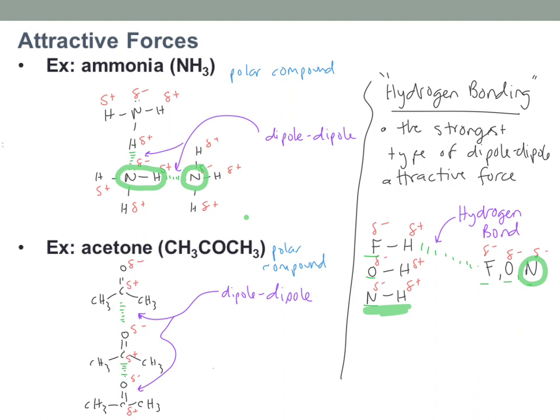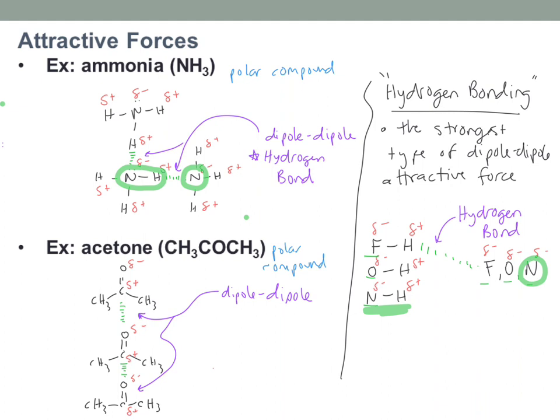So that would make this, in fact, a hydrogen bond, right? Because I have an N on an H, and it's attracted to an N, that makes it a hydrogen bond. So yes, it's a dipole-dipole, but specifically a hydrogen bond, which again is just a really strong type of dipole-dipole.